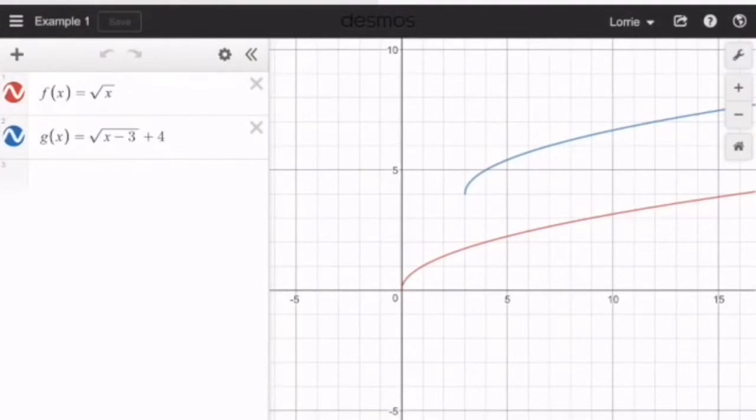And for example 1 here, my original parent function, f of x, is equal to square root of x, is there in red. And you can see my transformed function is in blue. And notice that it has moved over by 3 to the right and up by 4.